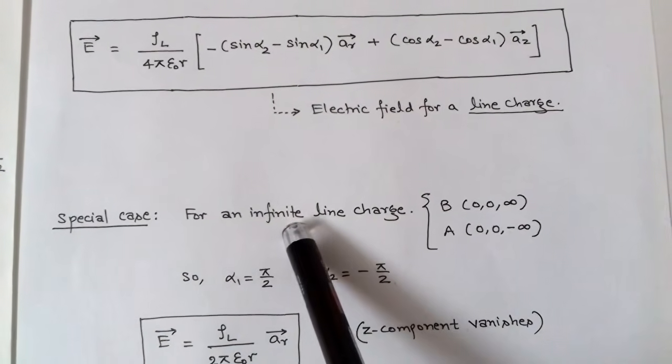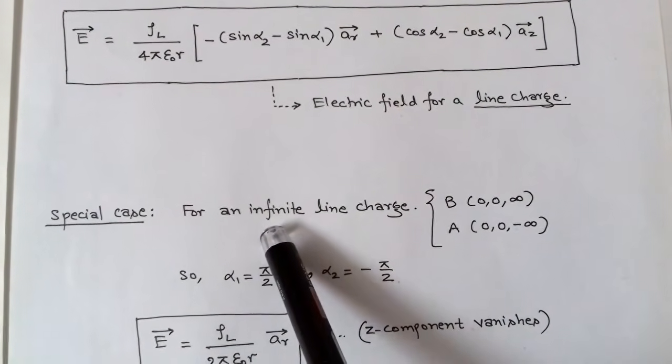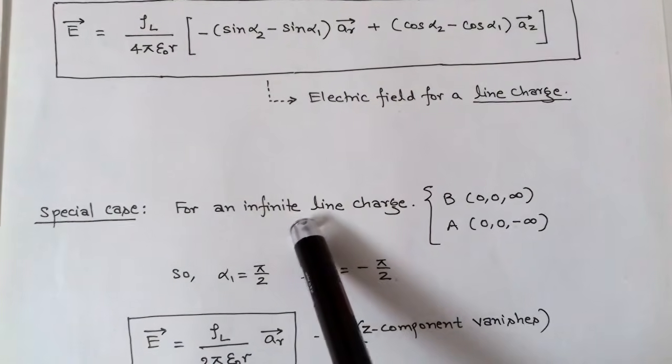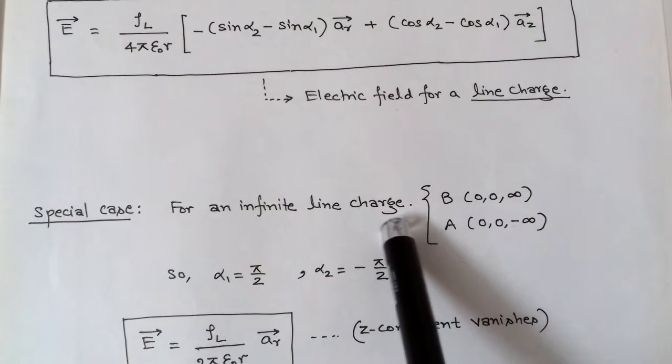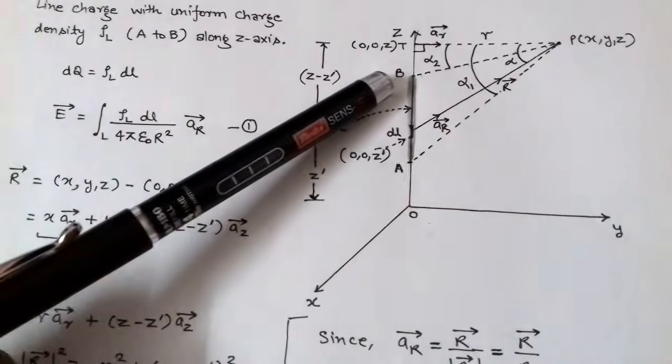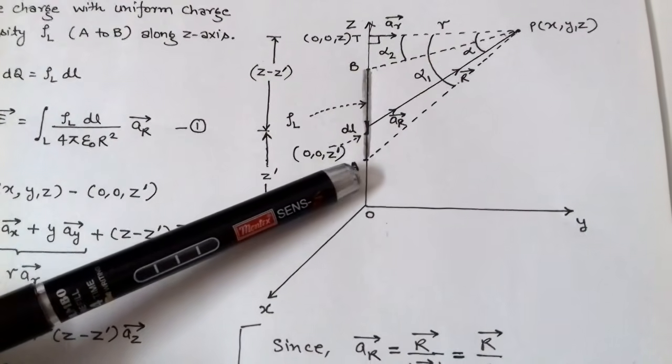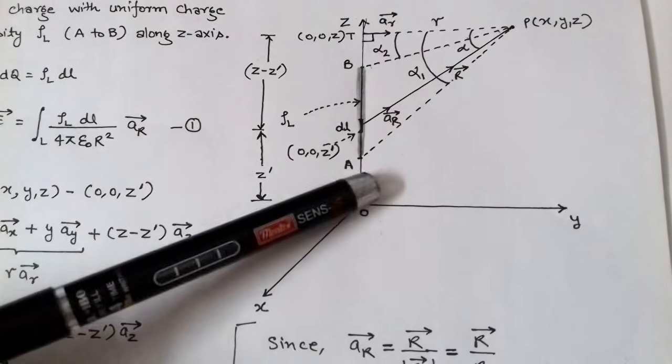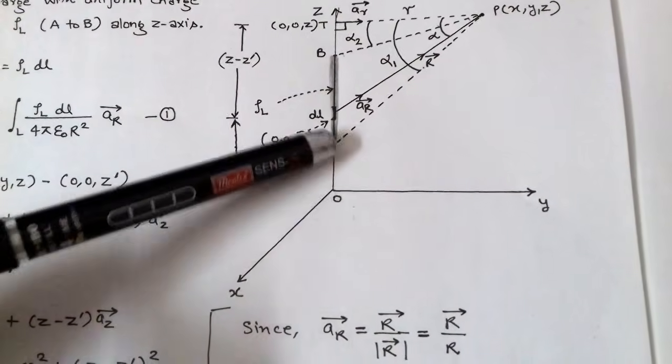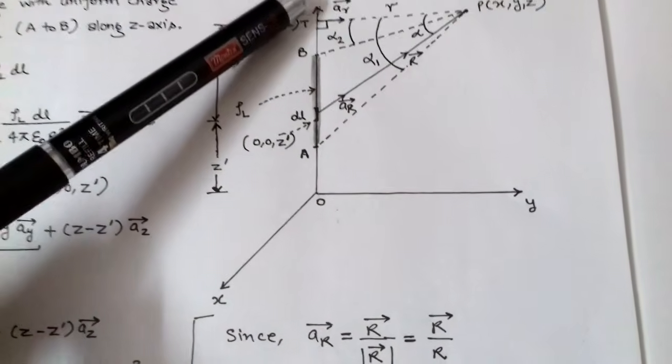Now there is a special case when the line charge is of infinite length. Infinite length means these points A and B tend towards infinity, A tends towards minus infinity and B tends towards plus infinity.